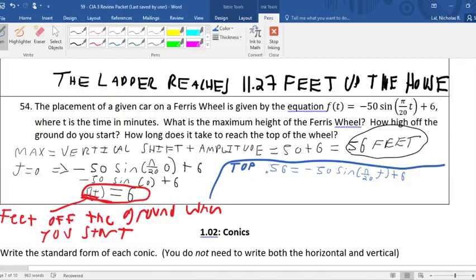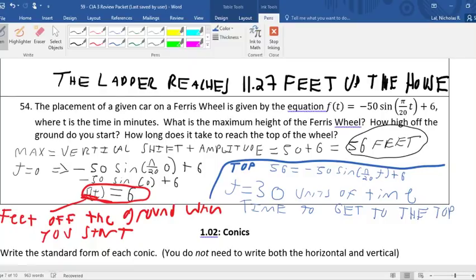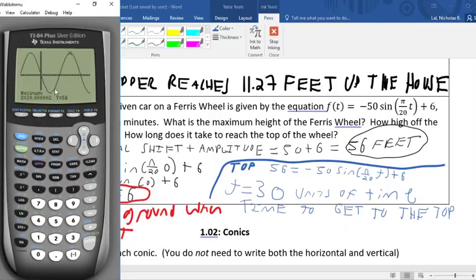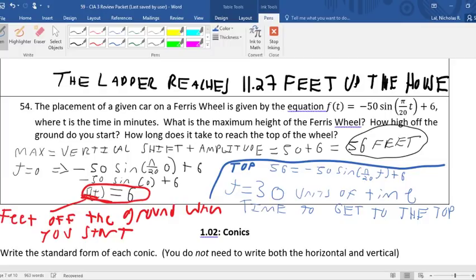So x is going to be equal to 30. So t is going to be equal to 30. All right, 30 units of time. And that's the time that it takes to get to the top. And that's because when we get to the top, our x value is 30 and 56 is our maximum. Okay, that's the video.